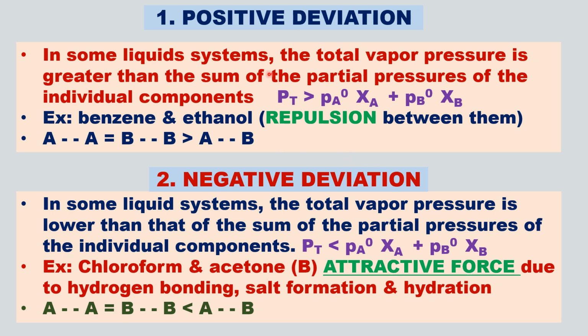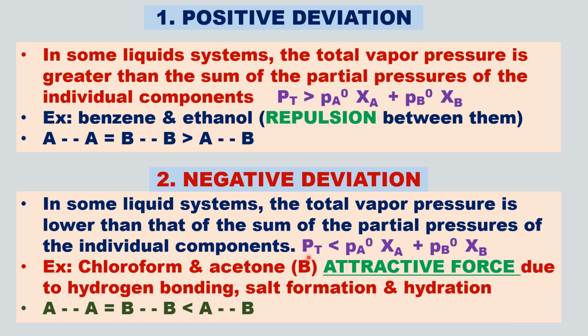In positive deviation, there is a repulsive force between liquid A molecules and B molecules. Here, there are attractive forces due to hydrogen bonding between acetone and chloroform, or salt formation or hydration.